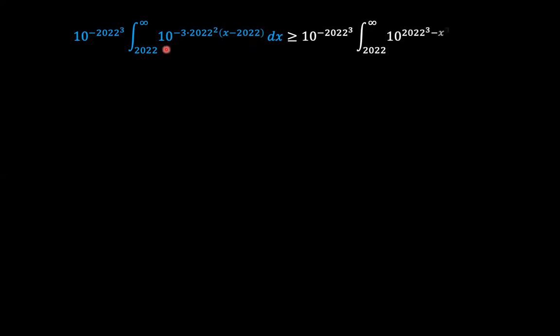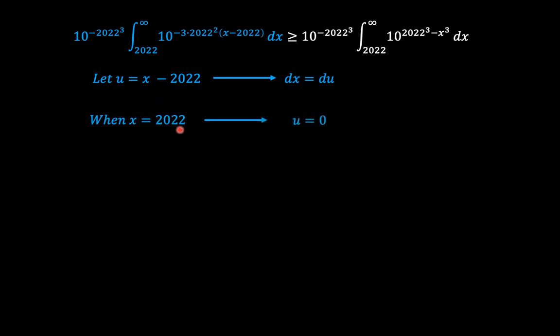So the first thing we would want to do is substitute for x minus 2022, which takes the lower limit to 0. So let u be equal to x minus 2022. That means that dx is equal to du. And when x equals 2022, u is equal to 0. And when x tends to infinity, u also tends to infinity.